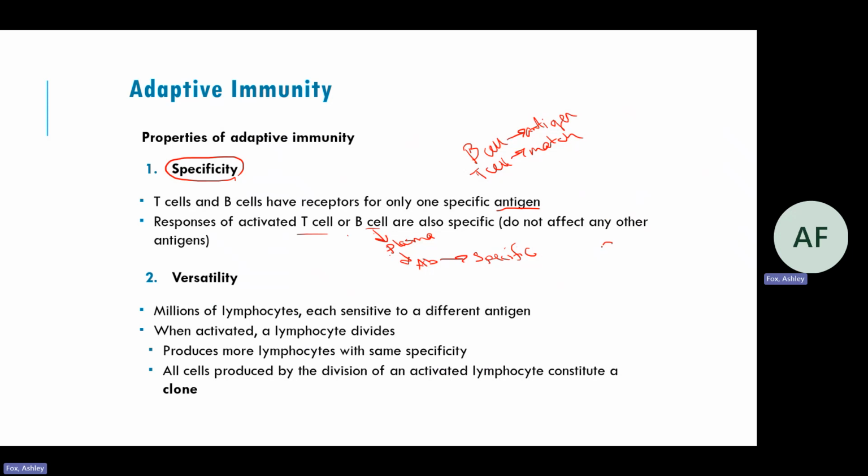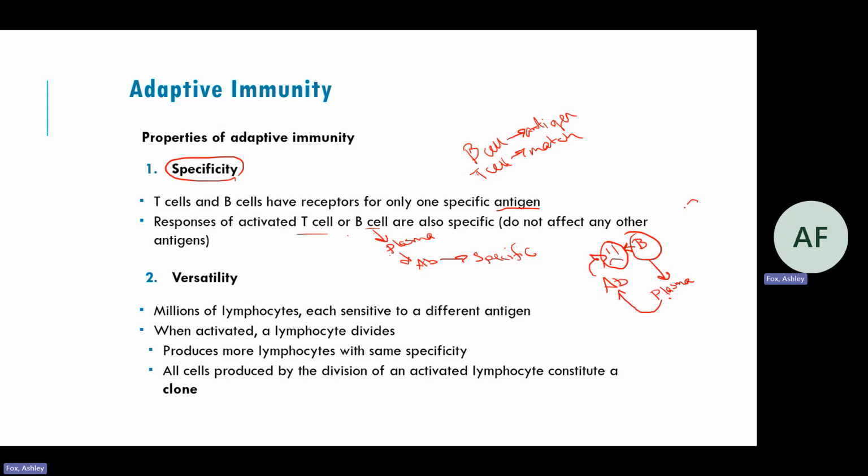So say, again using the flu virus, if we have the flu virus in our body, the B cell is going to be able to recognize it and say, oh, hey, that's my guy. That's the one I've been looking for. Then it differentiates into plasma cells and memory cells. And then it makes an antibody that's going to say, hey, that's my guy too.